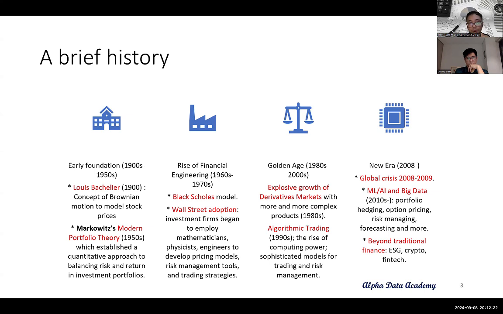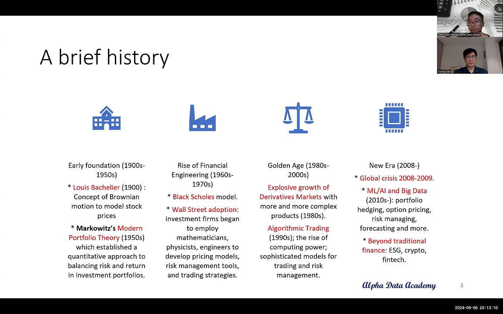Once upon a time, when we talked about investment banking, working in financial institutions was not that evident for mathematicians, physicists, computer scientists or other scientists to come to this world and work in Wall Street. It was not that evident back then, before the rise of financial engineering and the adoption on Wall Street, right?